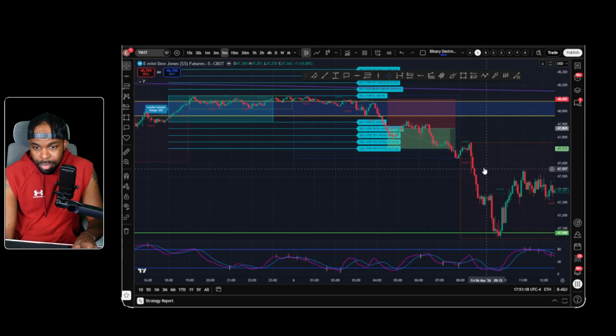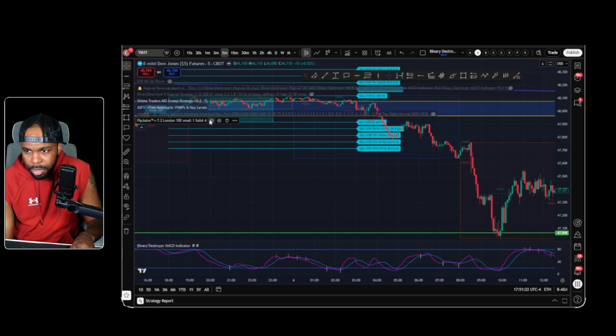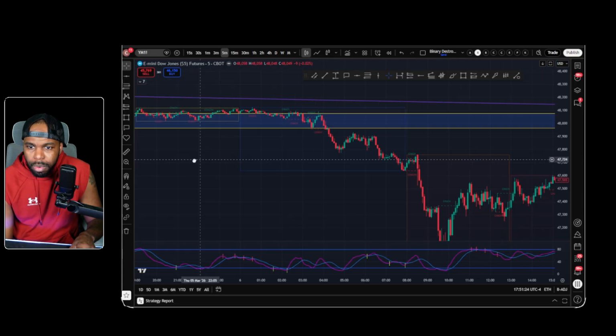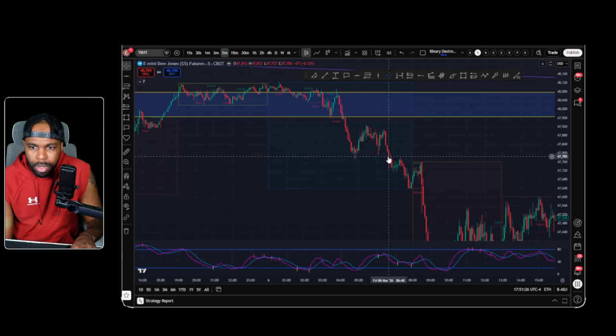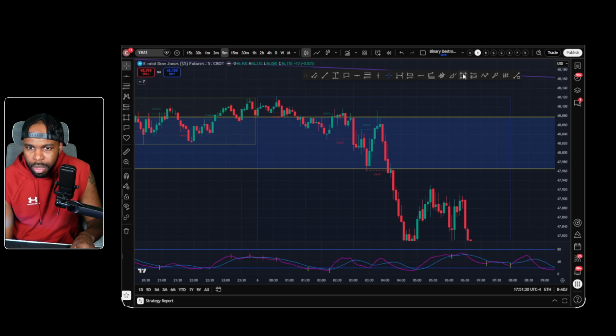Now, if I was using my own trading strategy without the indicator, right? In this case, I would look for a bullish fair value gap. Here's a bullish fair value gap right there.